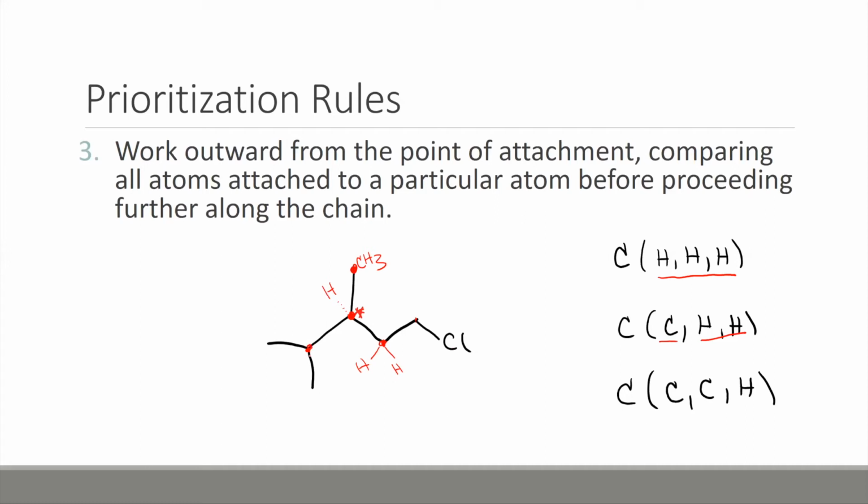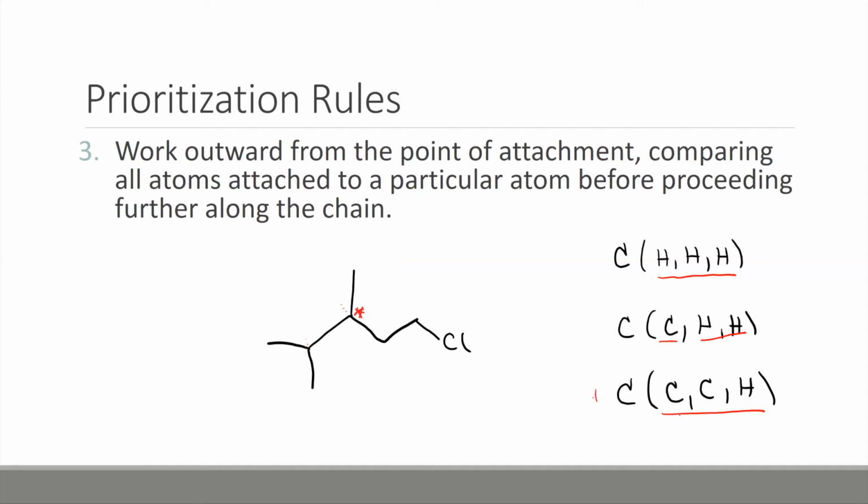This carbon is attached to a carbon and another carbon, and it has a hydrogen on it. So this group in the bottom actually gets higher priority because if we look at the chains again, we have 3 hydrogens versus 1 carbon and 2 hydrogens versus 2 carbons and 1 hydrogen.